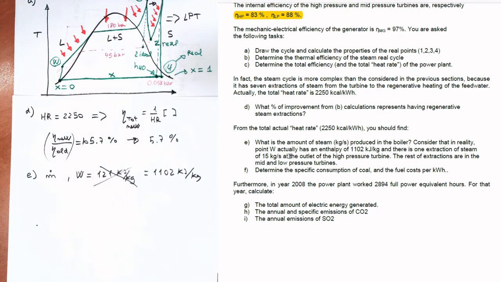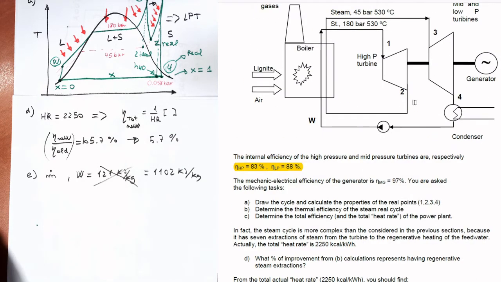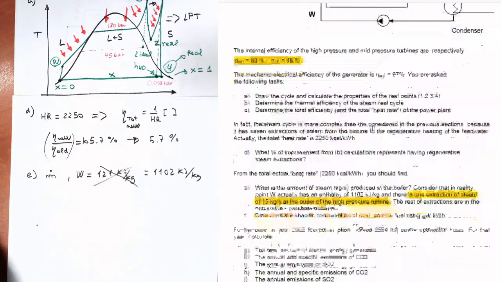And this is due to one extraction of steam of 15 kilos per second at the outlet of the high pressure turbine. So here not all mass flow will go through this, but we will move some mass flow to here.